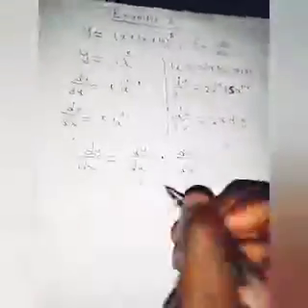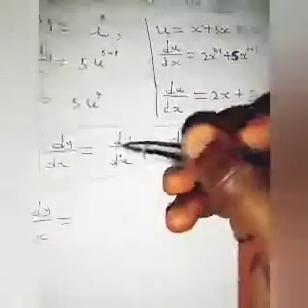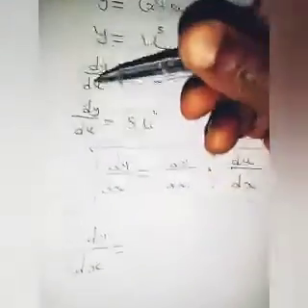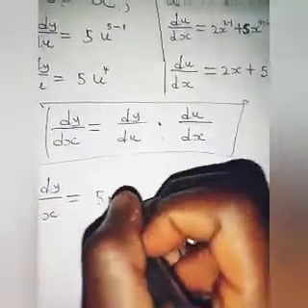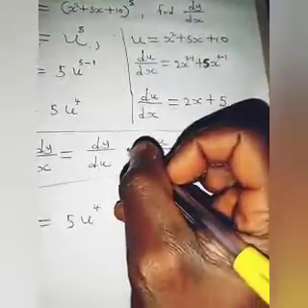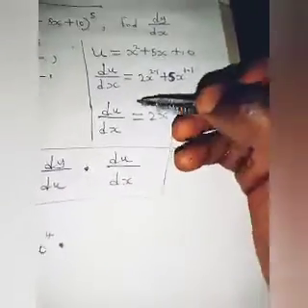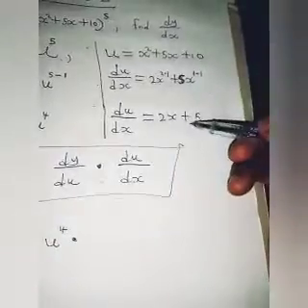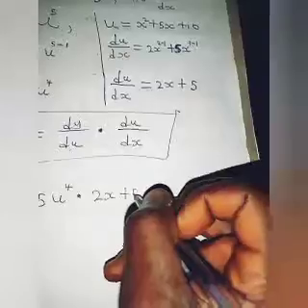So what we are going to do now, therefore dy over dx we equal to dy over du, and we can say this is our dy over du, which is 5u having power of 4. Then we have to multiply it with du over dx. This is our du over dx, that's 2x plus 5.